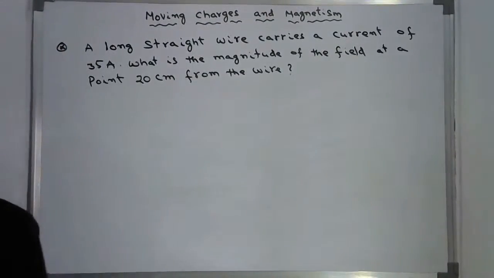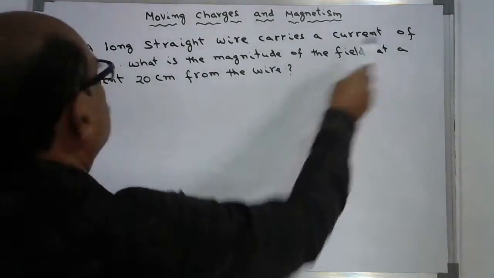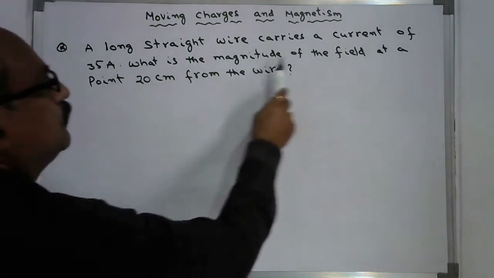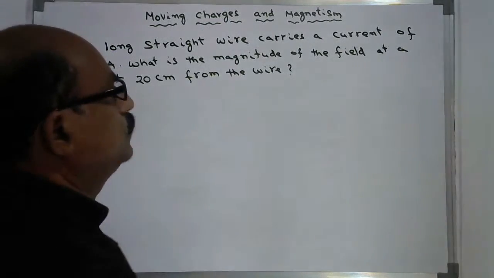Now let us solve some problems based on this. Let us observe this problem. A long straight wire carries a current of 35 amperes. What is the magnitude of the field at a point 20 centimeters from the wire?